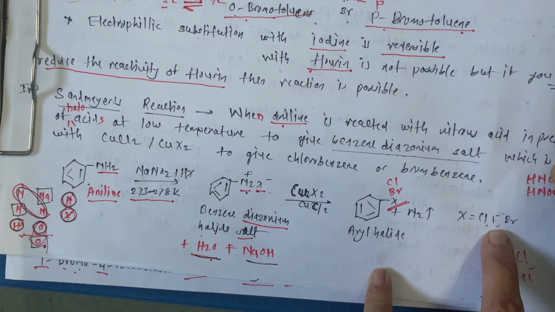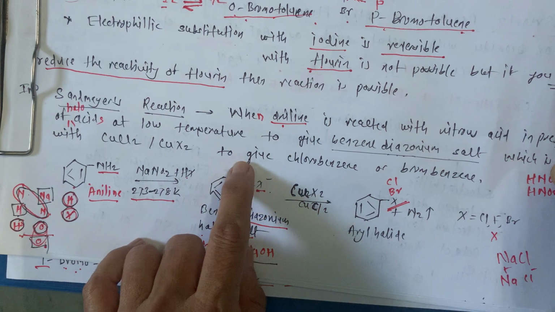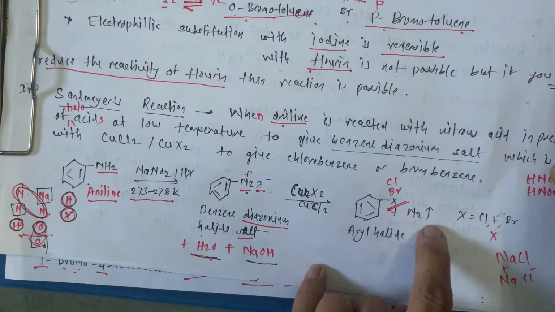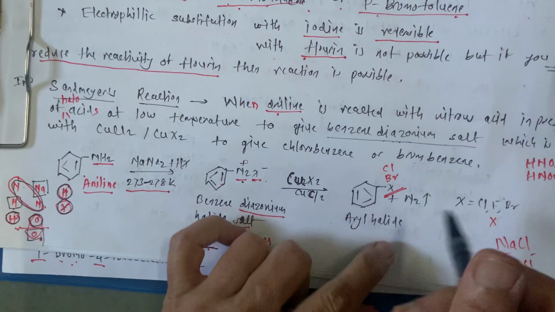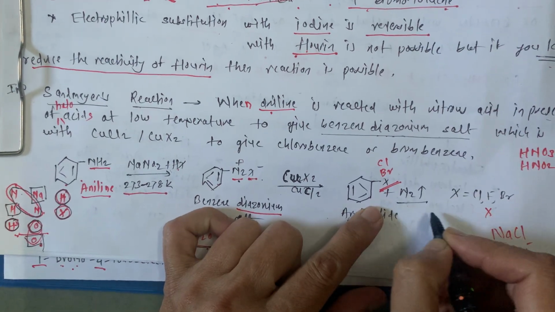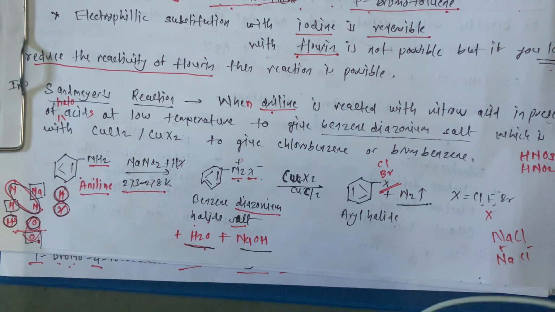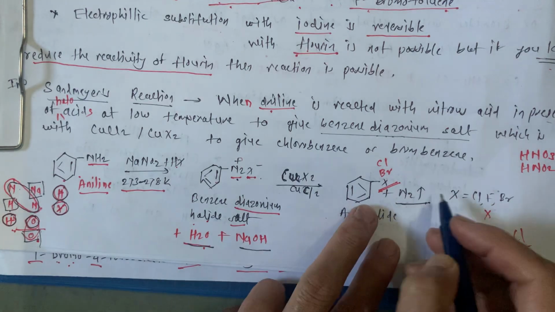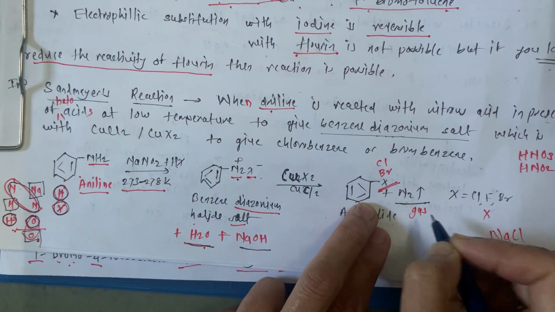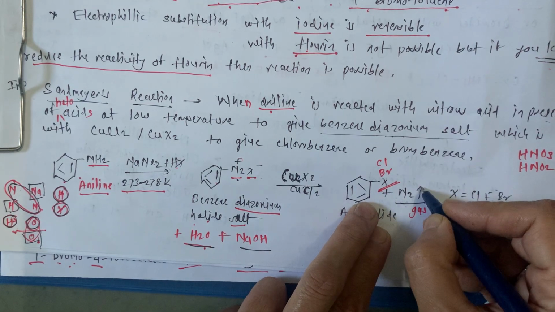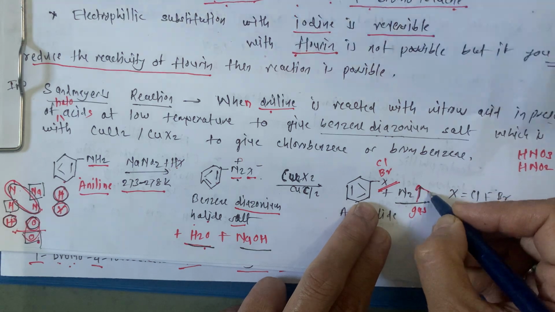As we know very well, fluorine is highly reactive, and the N2 goes out in the form of gas. There is a formation of nitrogen gas, and that's why we are showing an upward arrow.